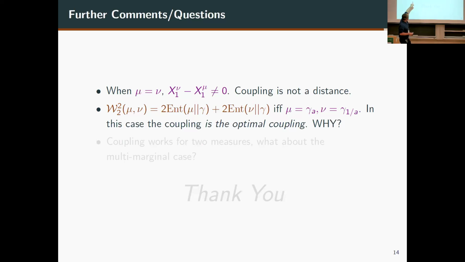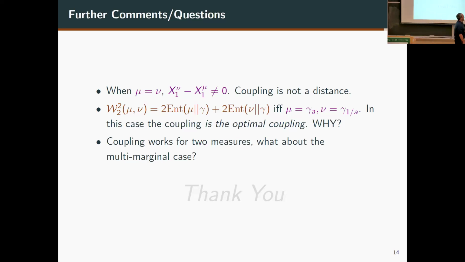But we know that our coupling works for the symmetrized Talagrand inequality, so it has to achieve equality here, which means that the coupling which comes from the reverse Brownian motion has the value of the optimal coupling, which is weird. It's not clear why that coupling, which is very nonlinear in the end, should achieve that optimal coupling.